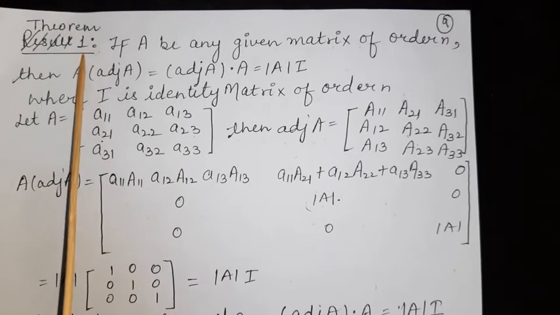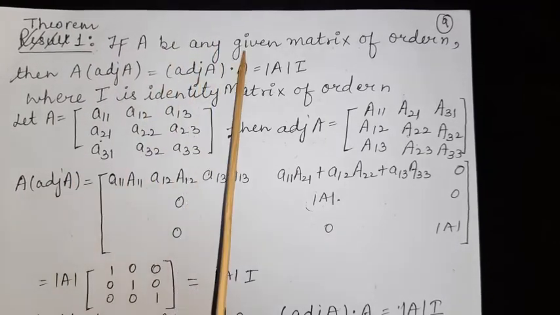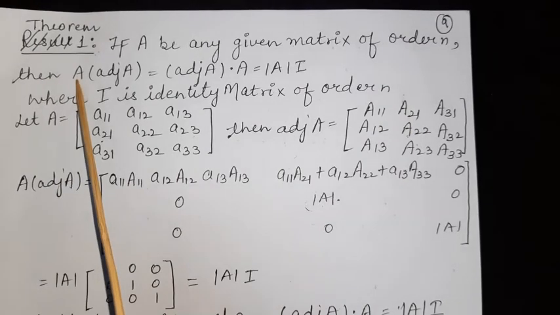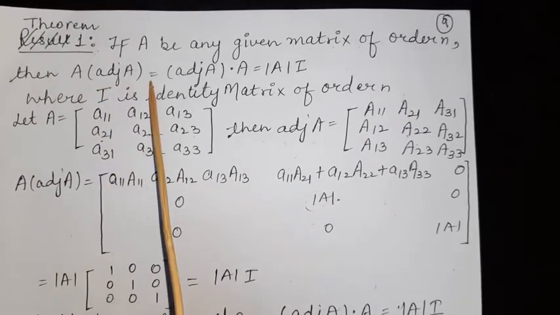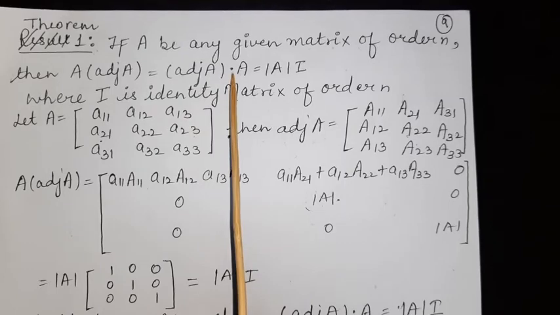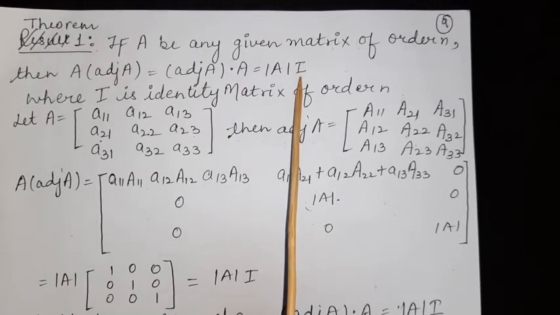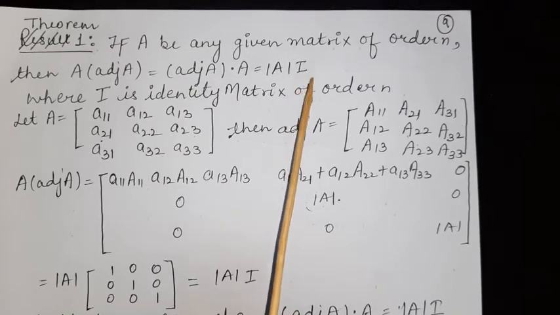Our theorem number 1 states that if A is any given matrix of order n, then A into adjoint A is equal to adjoint A into A, which is equal to determinant of A into I, where I is the identity matrix.